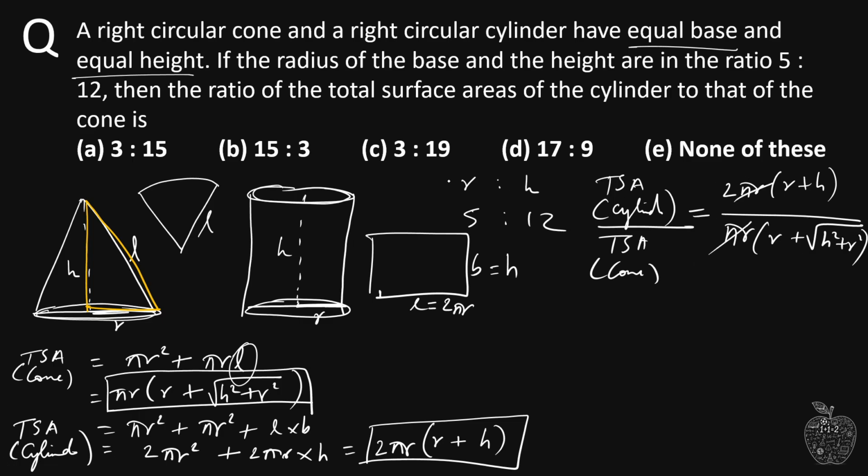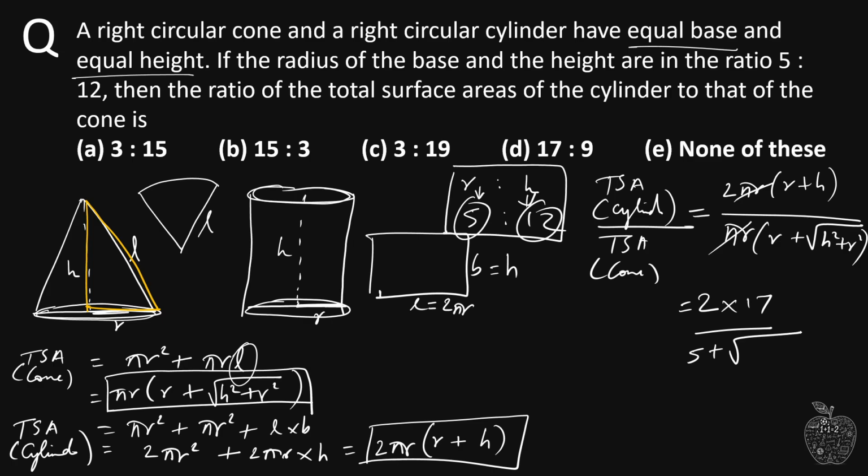Now if we remember, we are also given that the ratio of radius to height is 5 to 12. So what we'll do is substitute 5 for r and 12 for h. So we get 2 in bracket r plus h, so 5 plus 12 will be 17, upon in bracket r, so instead of r we'll write 5, plus under root h square. 12 square is 144, plus r square, 5 square is 25.